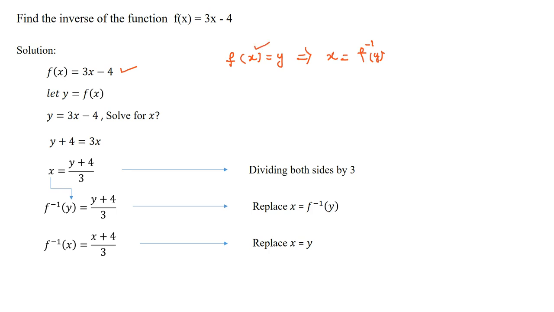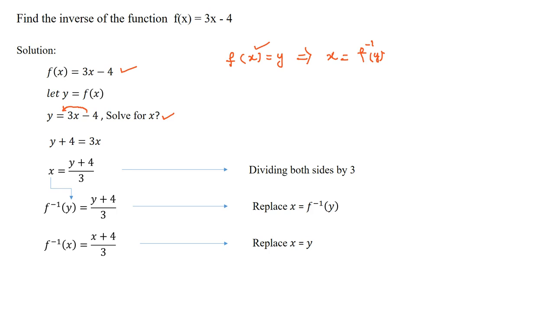Let y be equal to f(x). So y is equal to 3x minus 4. Now from this equation, first we have to solve for x. Keep 3x here and move the negative 4 to this side, it becomes positive 4.